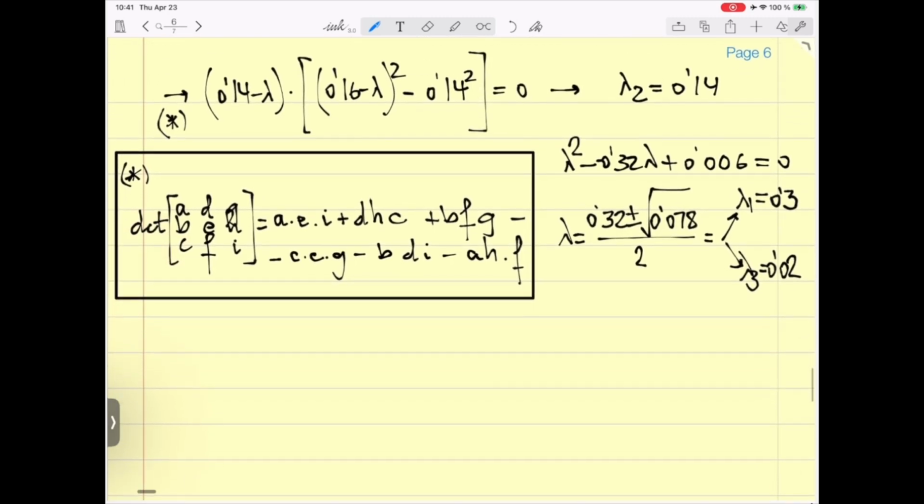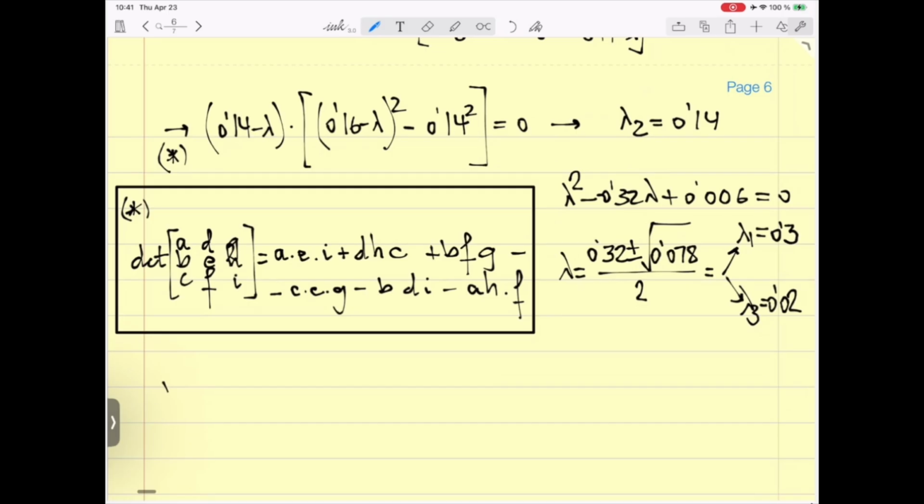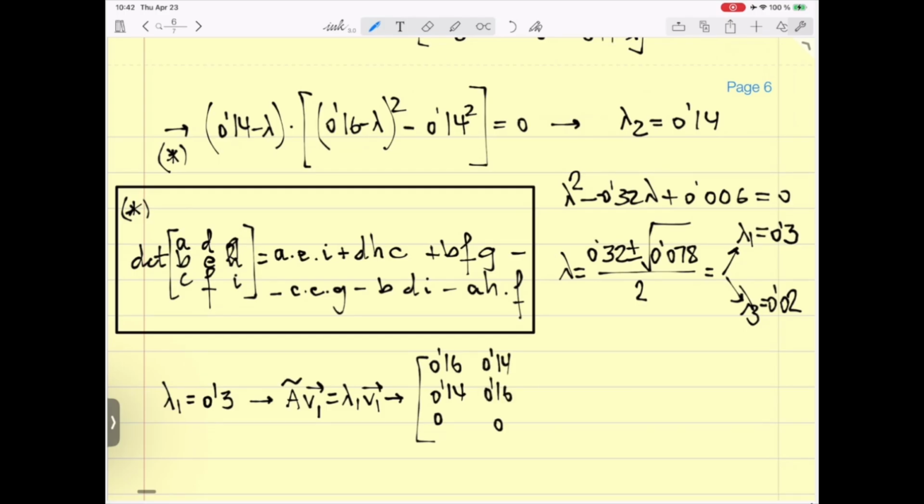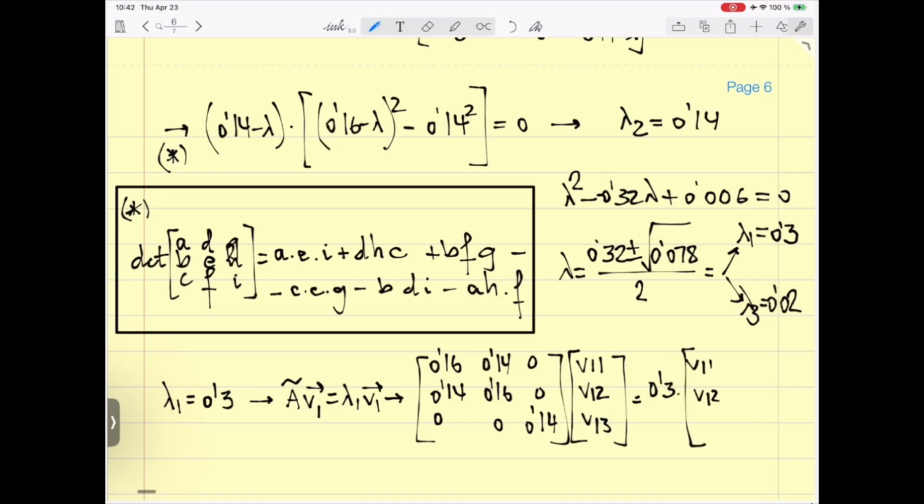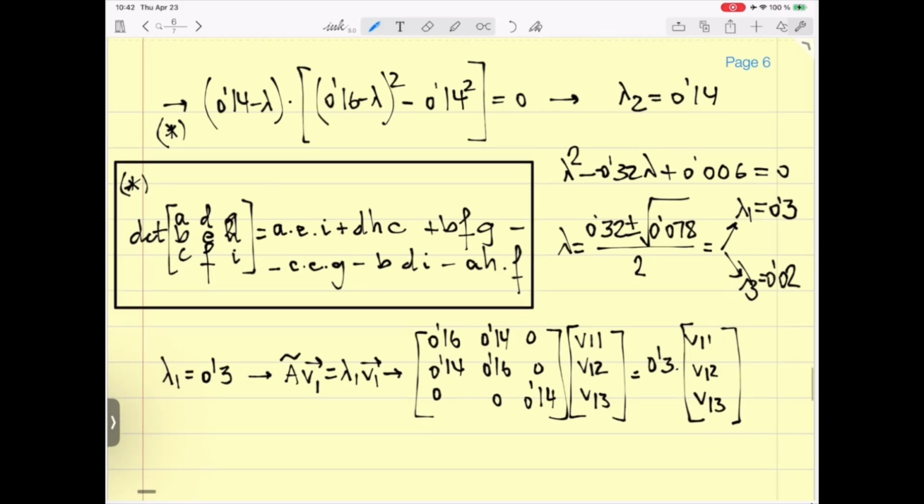Okay, then we go ahead and say lambda 1 equals 0.3. Then A times V1 equals lambda 1 V1. So we do it 0.16, 0.14, 0, 0.14, 0.16, 0, 0, 0, 0.14. First eigenvector equals first eigenvalue 0.3 times first eigenvector. And now we just need to multiply.